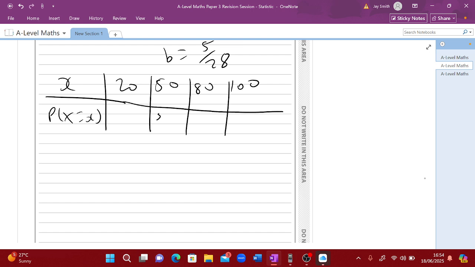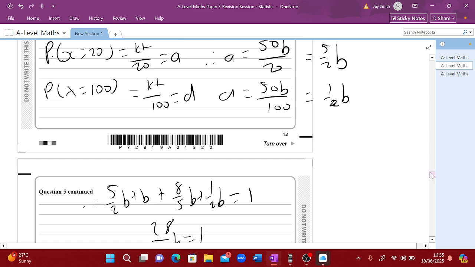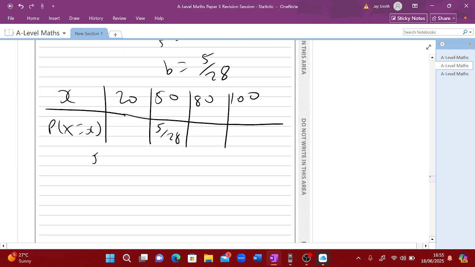So B is 5 over 28. So then A, remember, was 5 over 2 lots of b, so it's 5 over 2 times 5 over 28. So that's going to be 25 over 56.